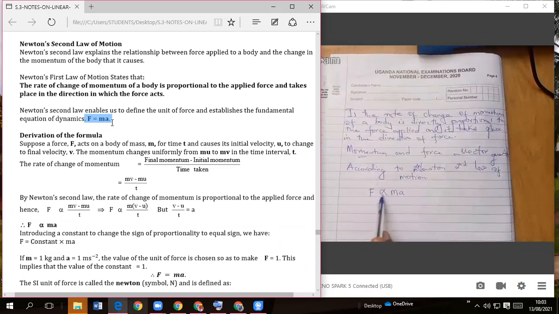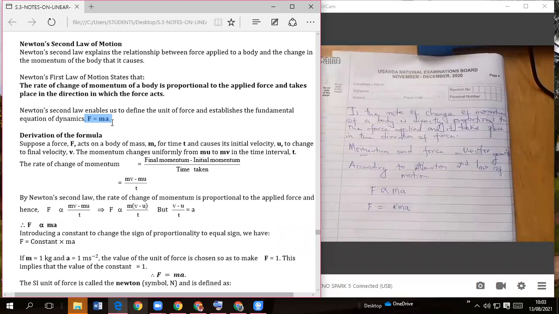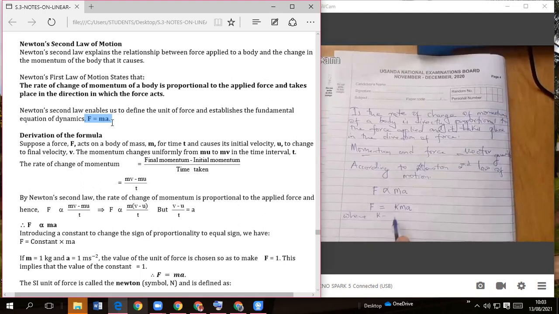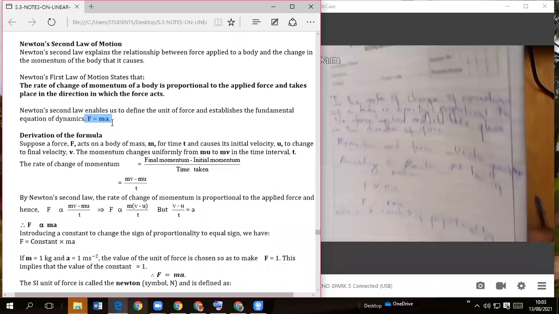Now, when I remove the proportionality sign, force is equal to Kma, where K is the constant of proportionality.